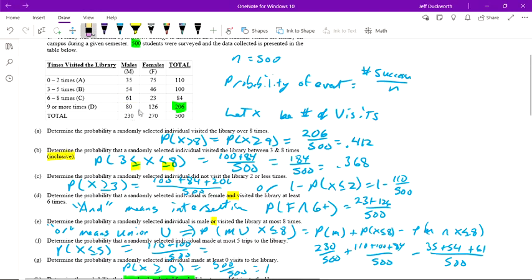We're going to ignore everything but this highlighted section here. We're only looking at the individuals who were there 6 to 8 times. So our new N is 84. Well, of those, which ones were male? Well, that's simply 61. So that's going to be 61 over 84.